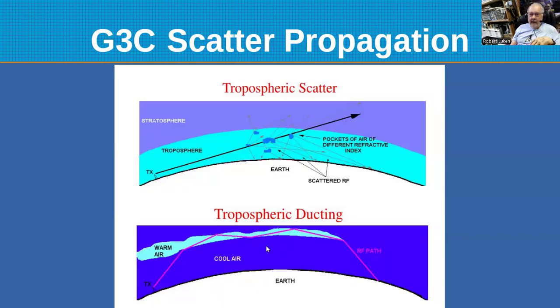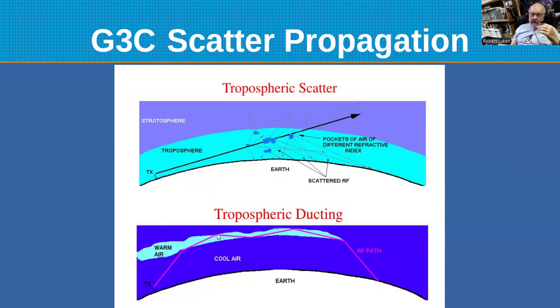Another thing that can happen is called tropospheric ducting. You can have an area of warm air, called an inversion layer, that gets on top of cool air, and that actually forms a little duct.